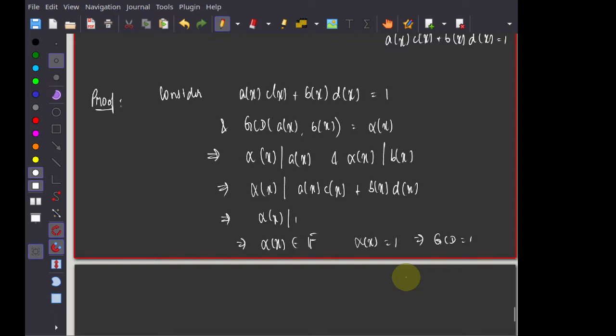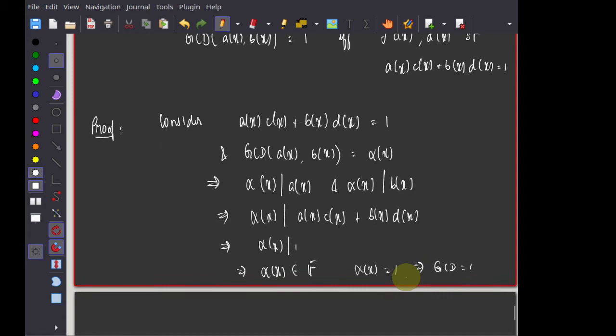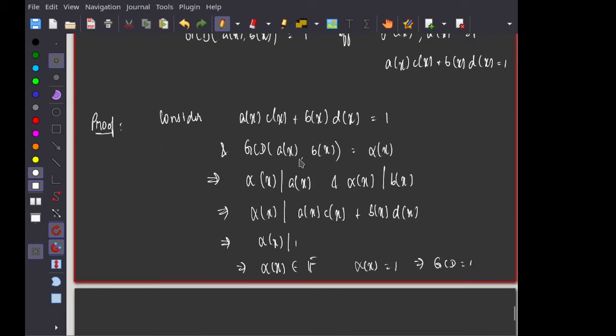But in what field? So this is not true in the integers, right? So if you go through this proof, suppose that we're looking at the set of integers.